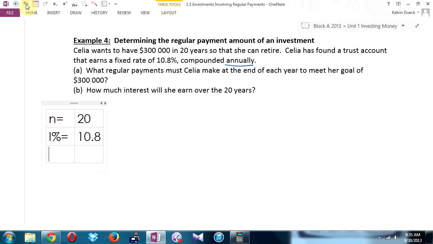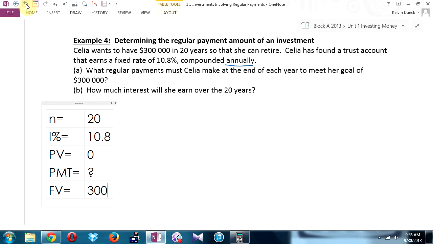Present value? She's starting out with nothing. Payment? Oh, we don't know. Final value. What does she want the future value to be? 300,000.